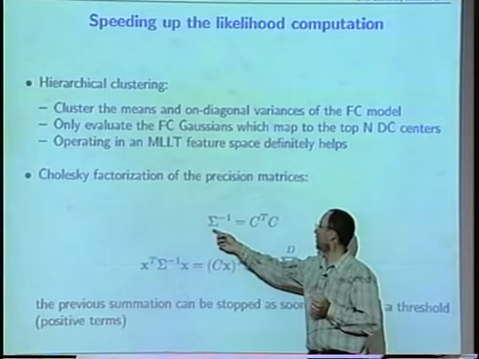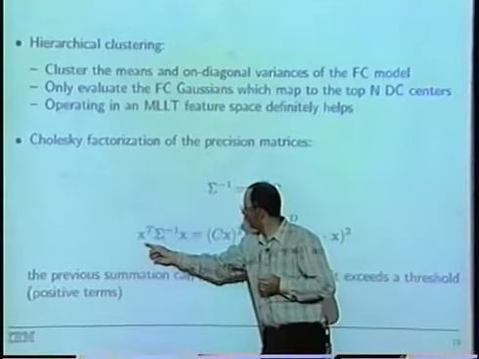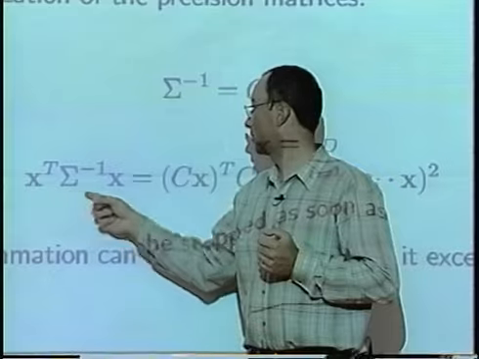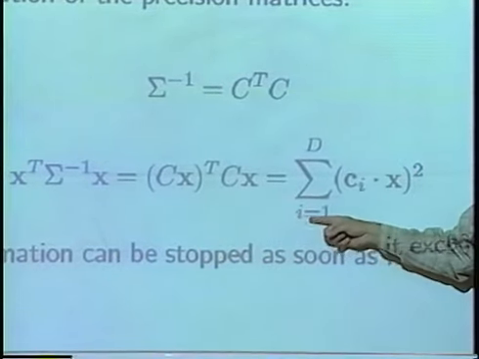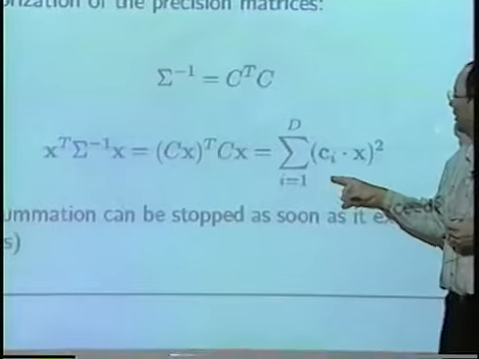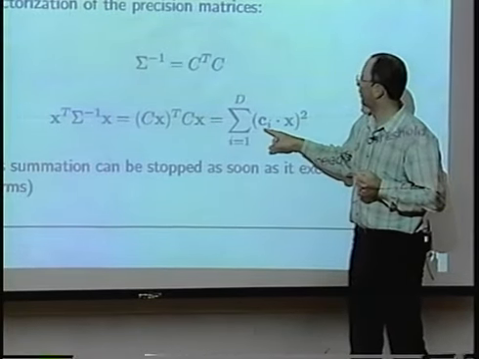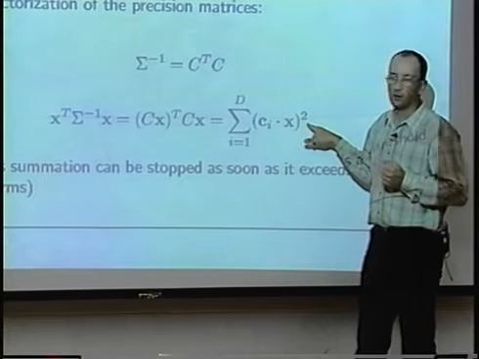So we wrote each sigma inverse as C transpose C. And then when you compute likelihoods, you have to evaluate expressions of the form X transpose sigma inverse X. And this you can expand as a sum over your dimensions of a dot product between row Ci of the Cholesky matrix and the feature vector X, squared.